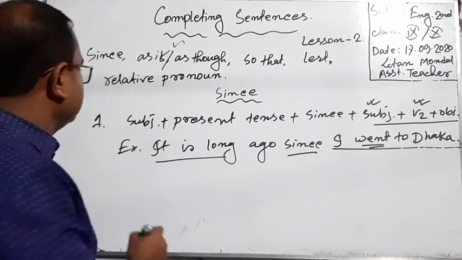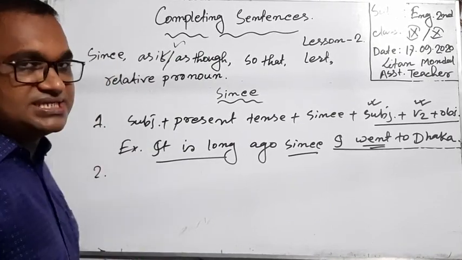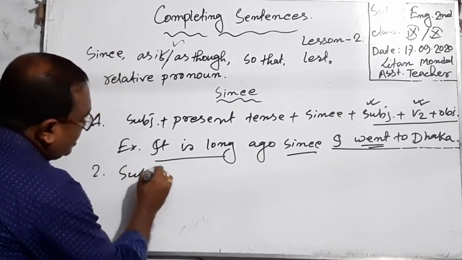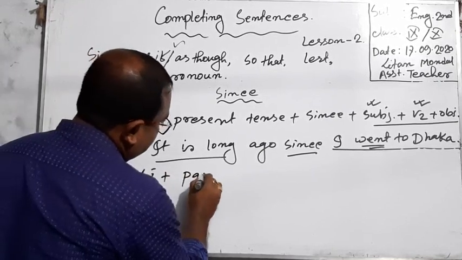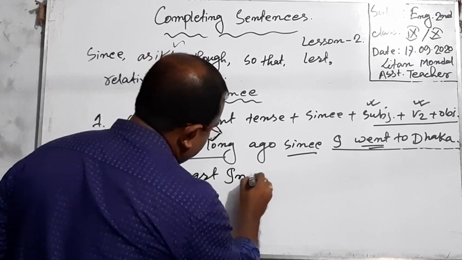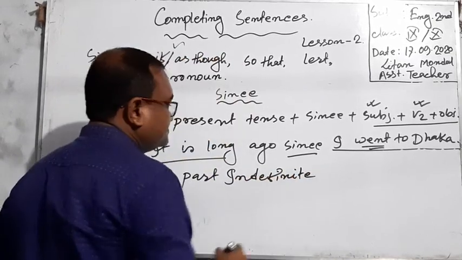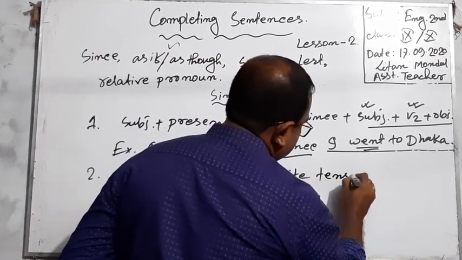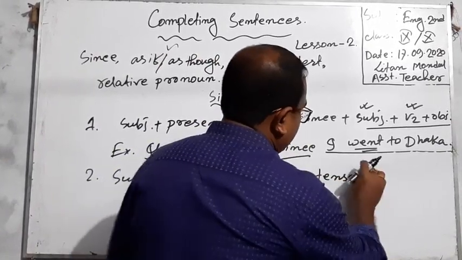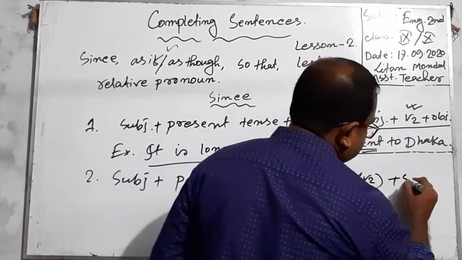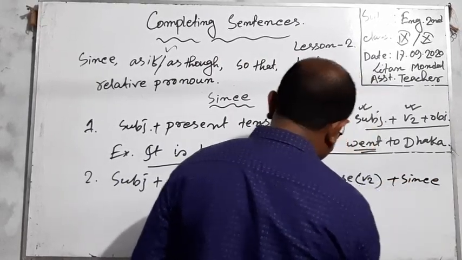Now, let's see the second structure of since. Subject plus past indefinite tense, that is V2, plus since.